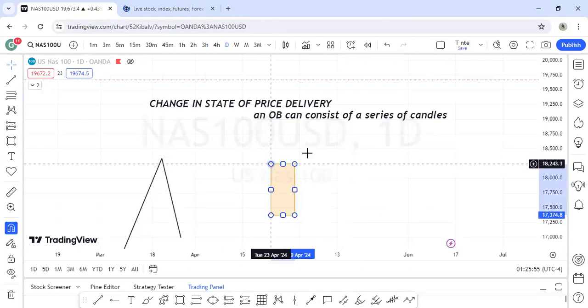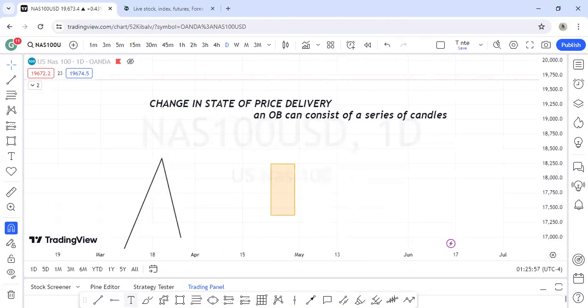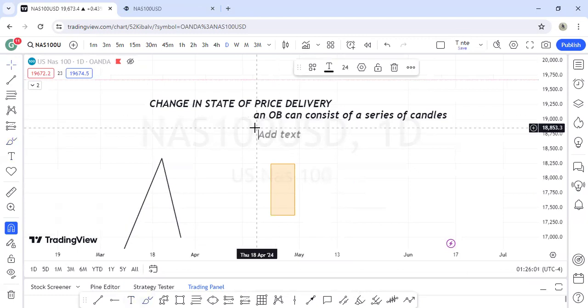Another point you should also know is about the body of the order block. Notice that the open and the midpoint of an order block carry most of the volume.